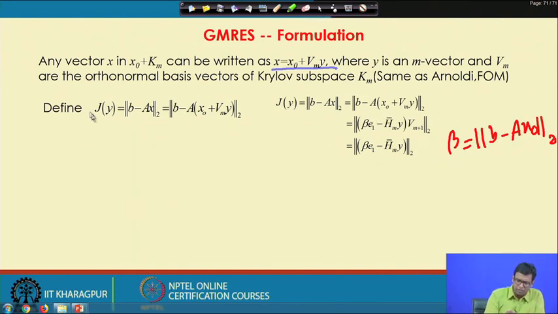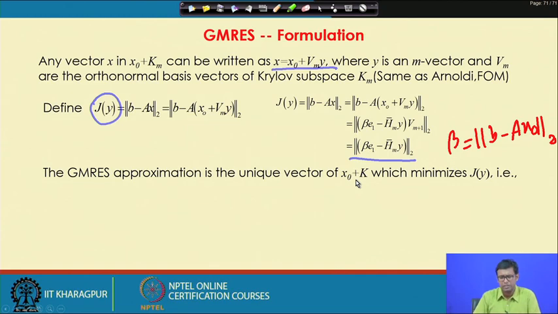This is the functional J y, which is the second norm of these vectors. We get that J y has this particular value, and now the GMRES approximation tells us that there is a unique vector x 0 plus K which will minimize J y, and that is the solution, the exact solution x. So, if we can find a vector x 0 plus K which minimizes J y, that will be the solution of the equation b minus A x.